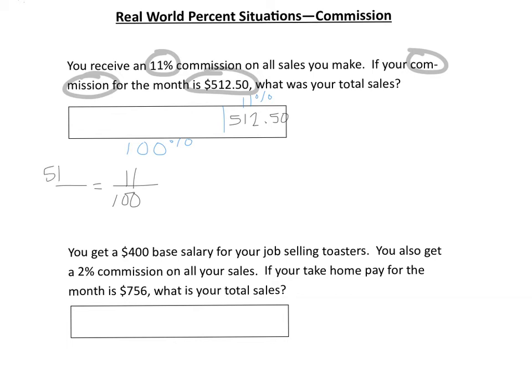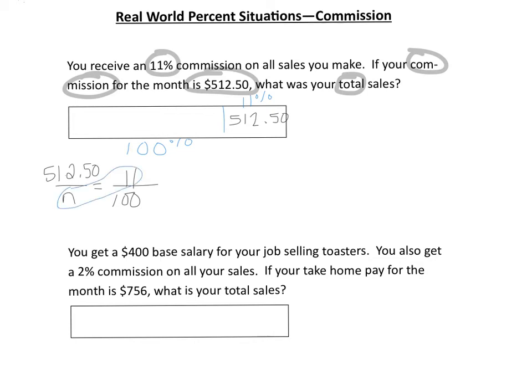The $512.50 is going to be your part because that is your commission. We don't know our total. Therefore, your variable is going to go in the bottom.